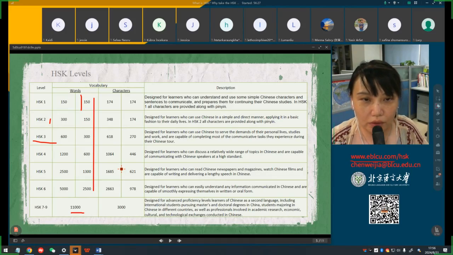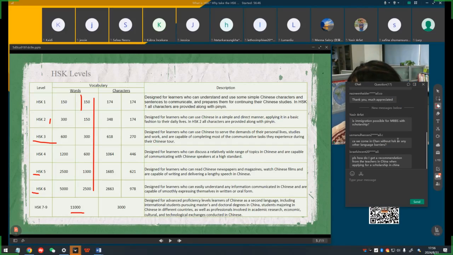But if you want to use Chinese for professional usage, like studying in the Chinese language, then you usually need HSK 5, 6 or even above.